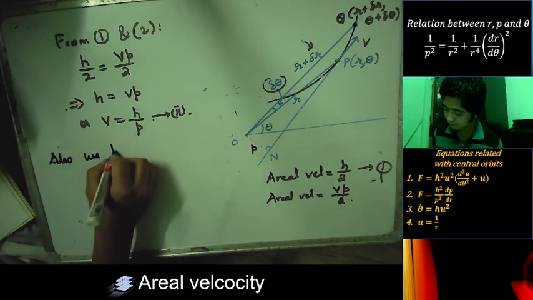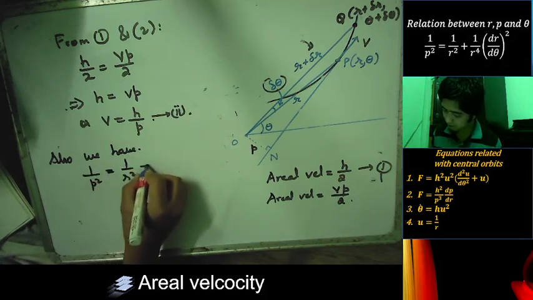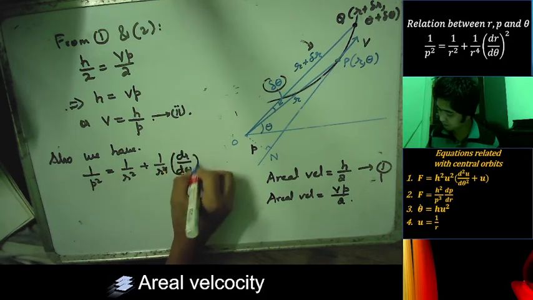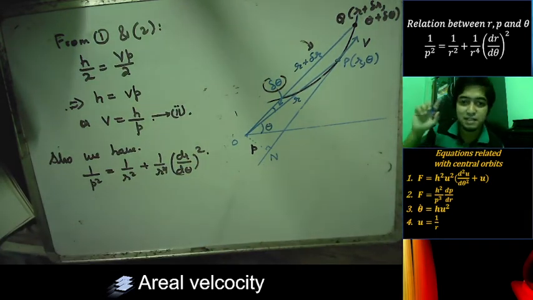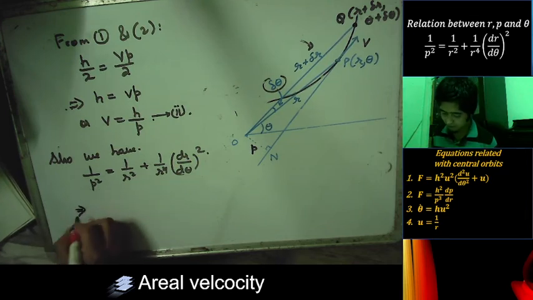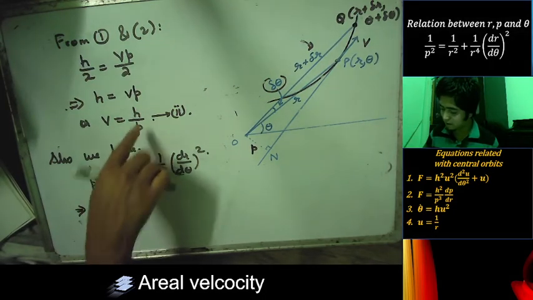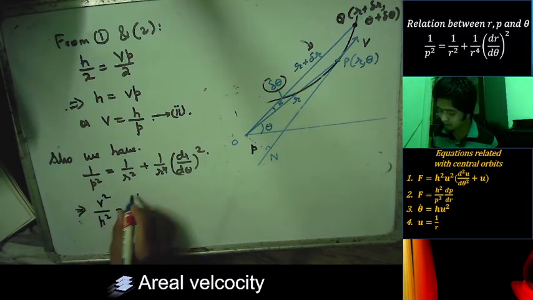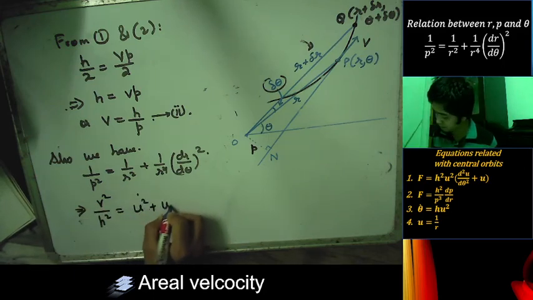Also, we have 1 by p square equal 1 by r square plus 1 by r to the 4 (dr d theta) whole thing square. Now h is equal to vp, so instead of p I can write h by v, giving v square by h square. And 1 by r square, using equation 4, will be u square plus u to the 4.